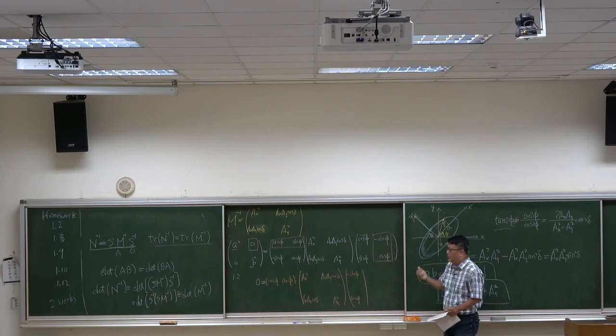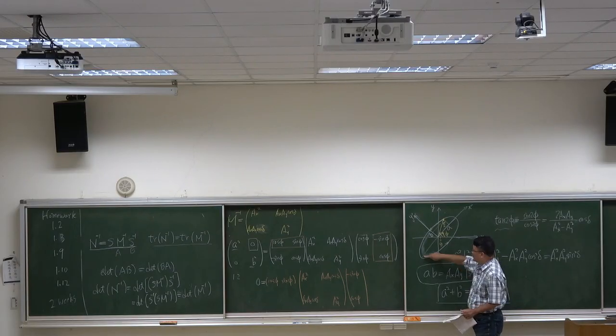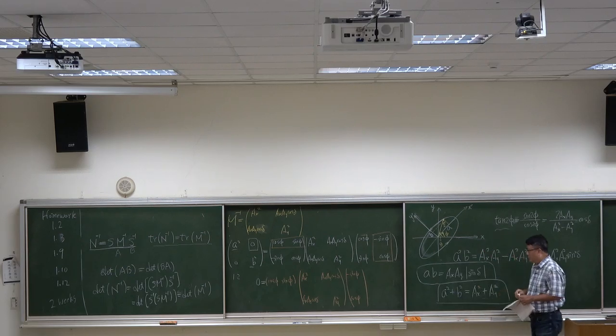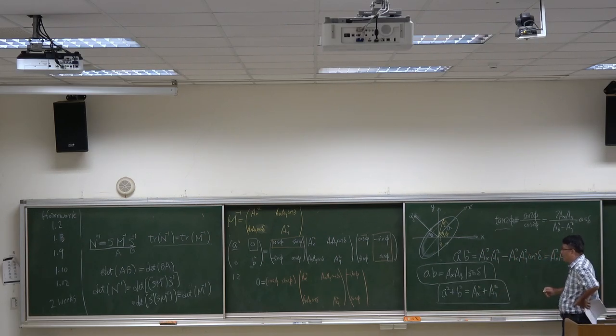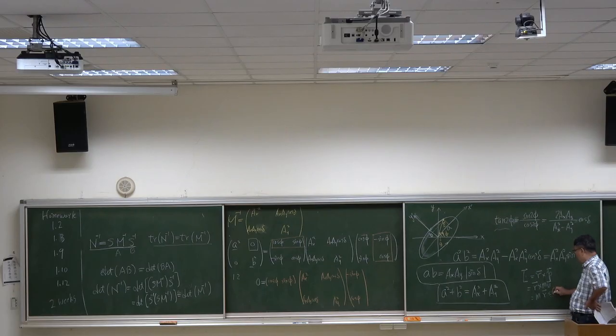If the angular momentum is negative, it means that it revolves clockwise. Angular momentum is R cross P, which is equal to R cross mv. So the most important quantity is the R cross V.